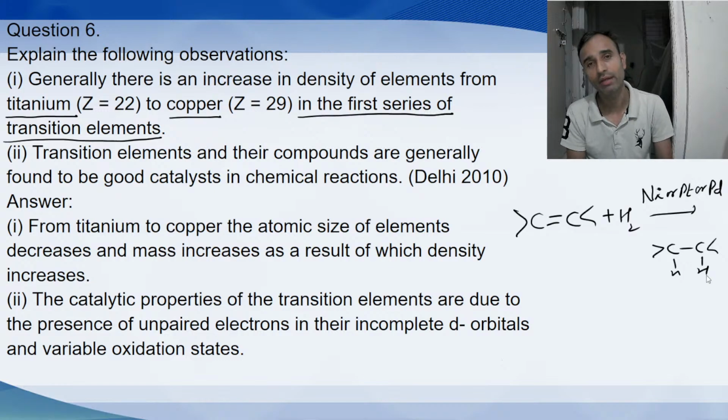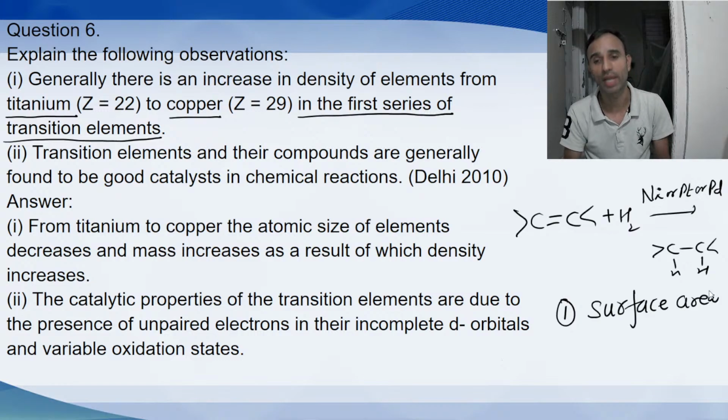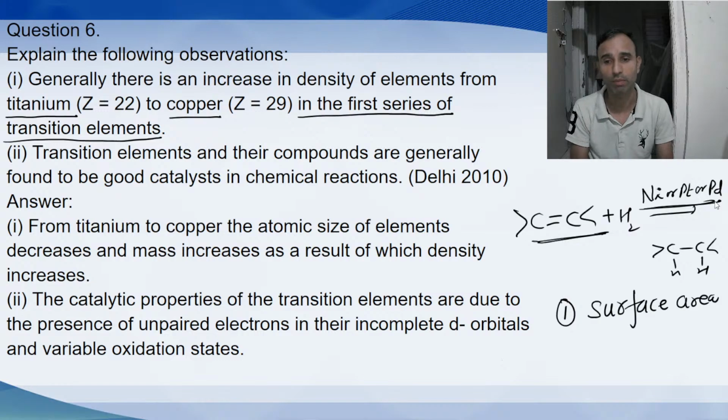So what is special in d block elements? First, they can provide surface area because of their large size. Like in this case, they provide surface area for the reaction to take place.